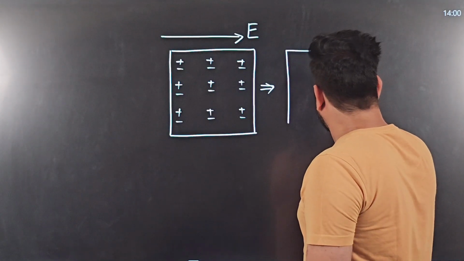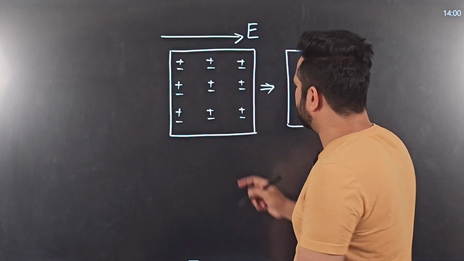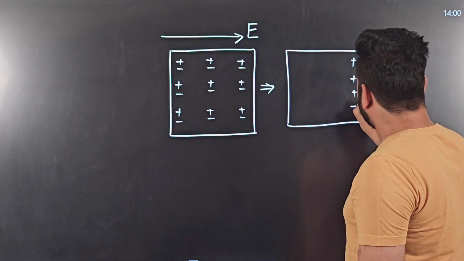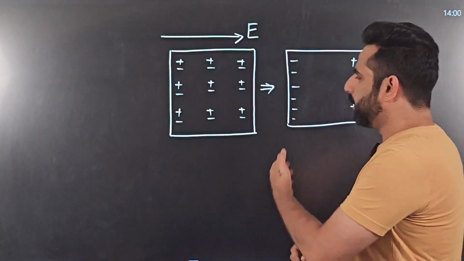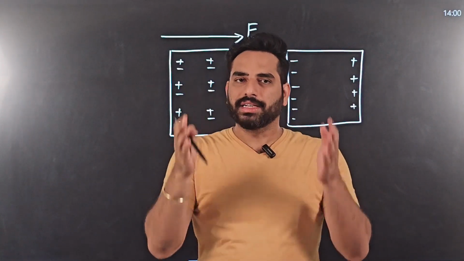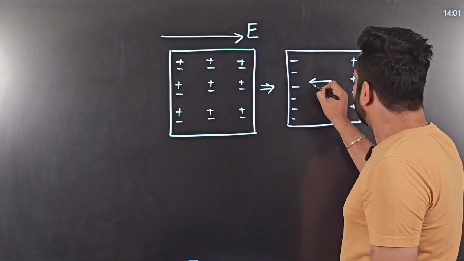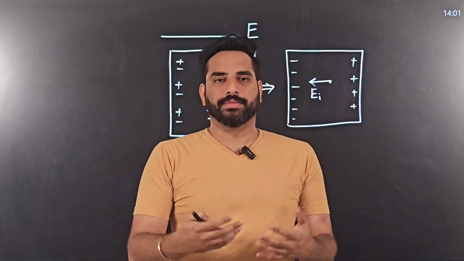For example, in this case, negative charges experiencing electric force in the opposite direction, if they slightly shift, there is positive charge concentration on the right side and negative charge concentration on the left side. This is known as polarization. And when a dielectric substance is polarized, an internal electric field, EI, is created. So this is a dielectric medium.